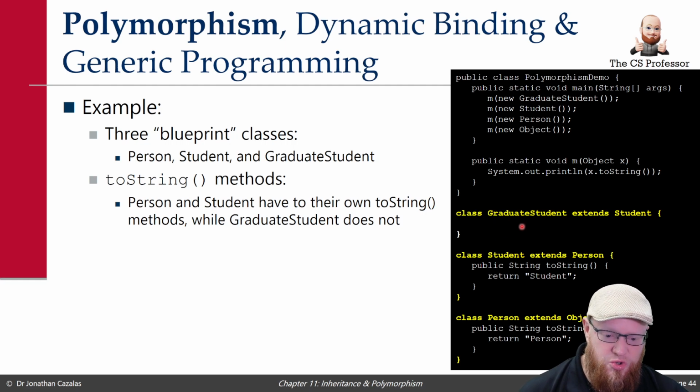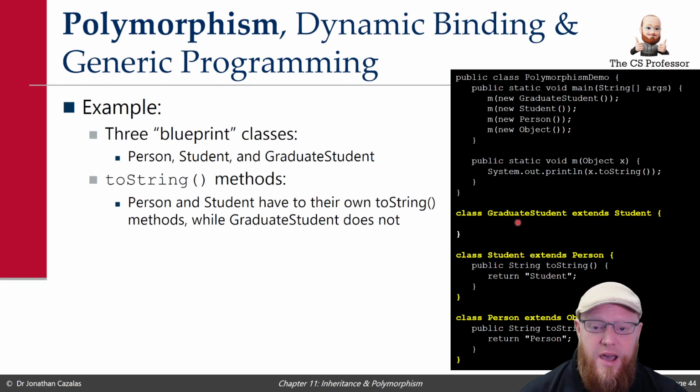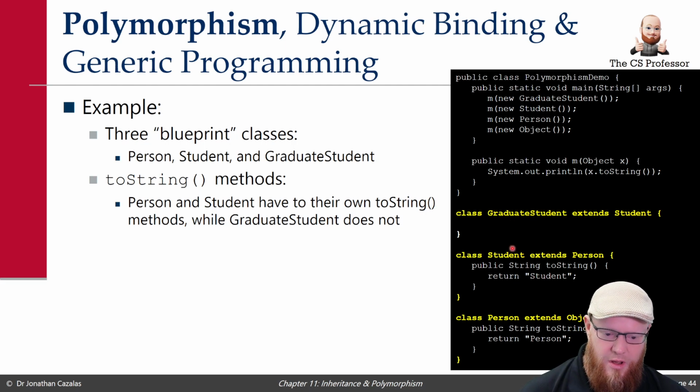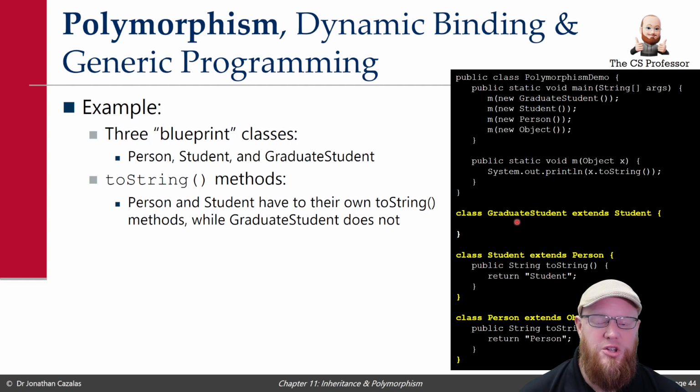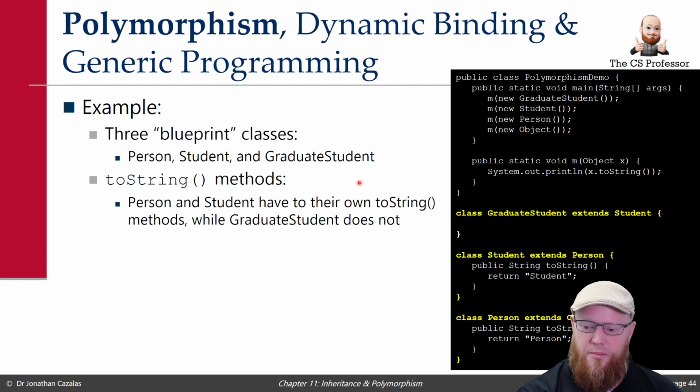So there is a toString method right inside graduate student. And what does it do? It simply returns student, because the toString method for graduate student is the one that comes from student because it was in fact inherited. So important here is that person and student have their own toString method, while the graduate student does not have its own. Instead, it inherits the one from student.